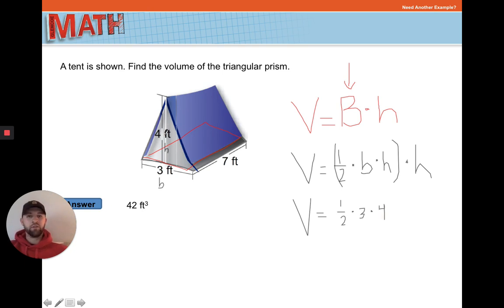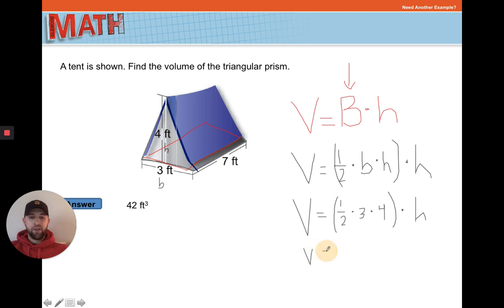Okay, not talking about the triangular prism, just my triangular base. And let's go ahead and solve this. If I was to go ahead and throw this in my calculator, 1/2 times 3 times 4, I should get 6. Okay, I should get 6.